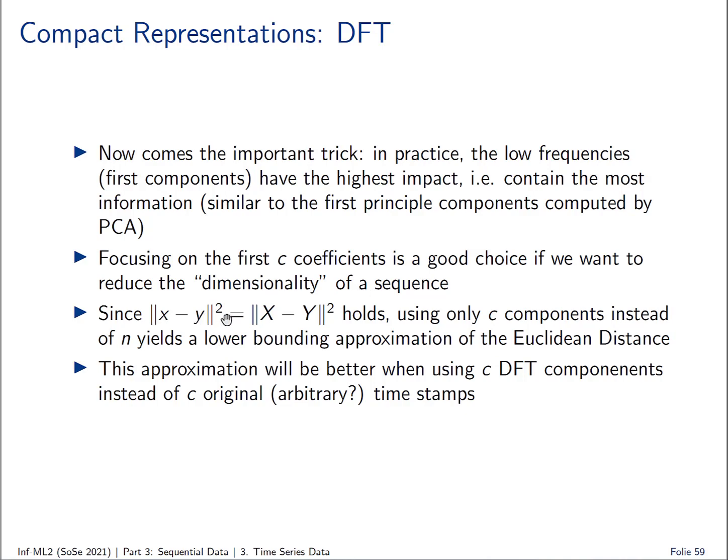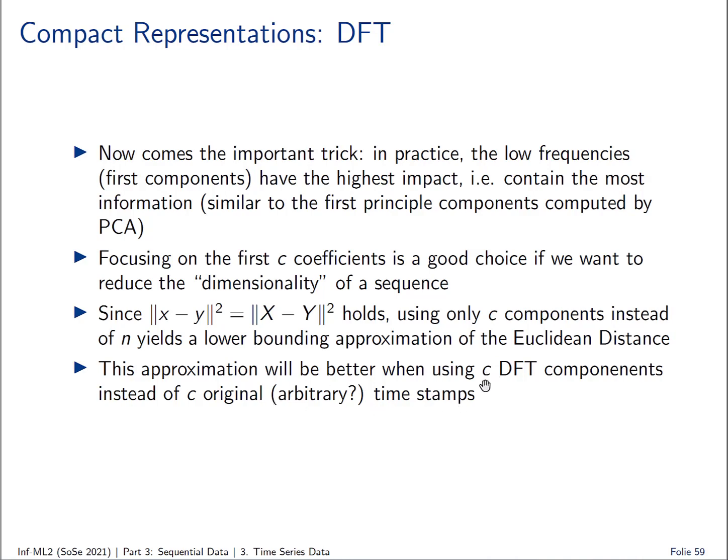And since the Euclidean distance is preserved, if we use only C components here instead of n, because the original representation in the frequency spectrum is still n-dimensional, if we only use the first C out of n, it is even a lower bounding approximation of the Euclidean distance, which sometimes helps when it comes down to similarity search and stuff like that. And this approximation will be better when using C DFT components instead of the C original arbitrary timestamps.